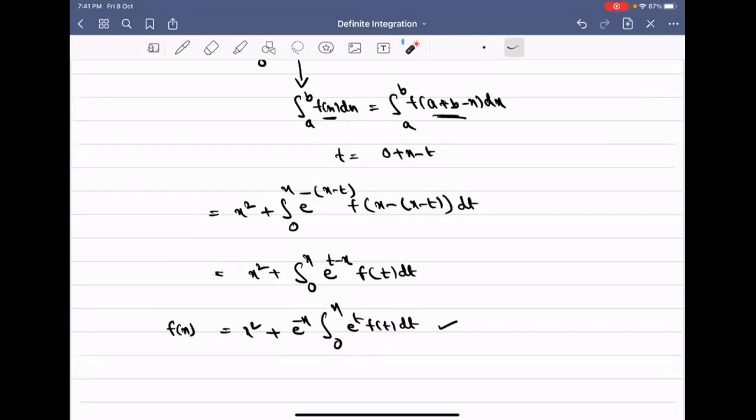To avoid the UV rule, what I do is I will remove this e power minus x from here, then differentiate. Then we can avoid that UV rule, that is d by dx of u.